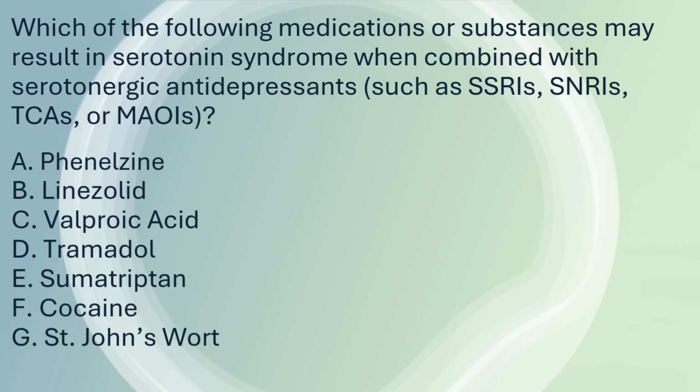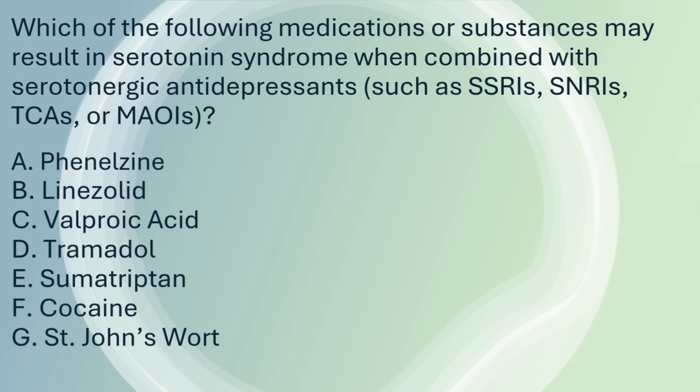D. Tramadol, it's an atypical opioid that inhibits serotonin and norepinephrine reuptake, increasing serotonin levels and the risk of serotonin syndrome. E. Sumatriptan, that is a 5-HT1B/1D receptor agonist that's used for migraines, and when combined with SSRIs or SNRIs, it can cause serotonin toxicity.